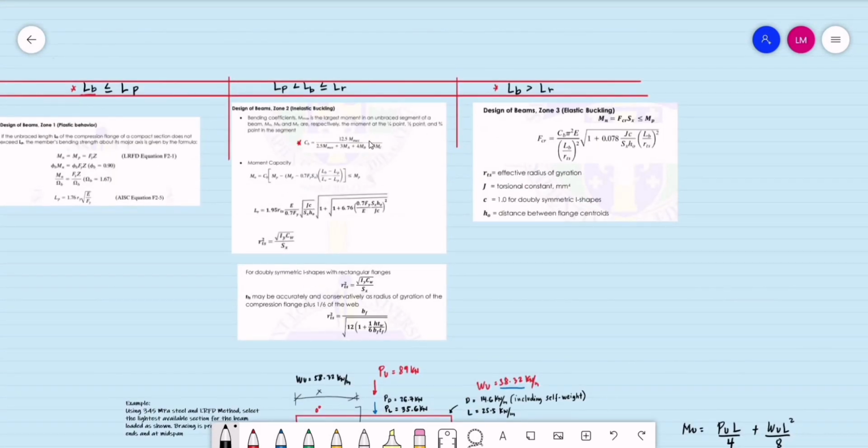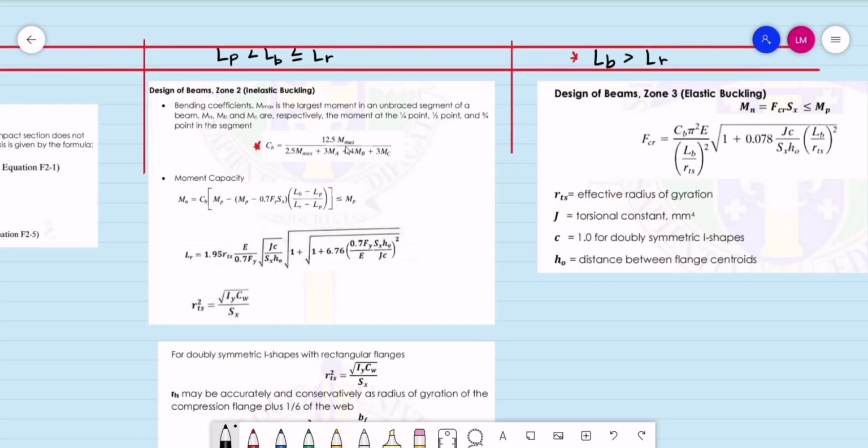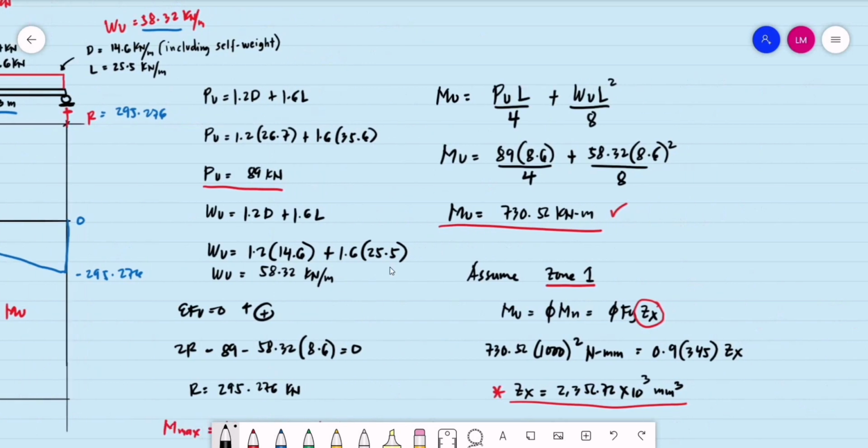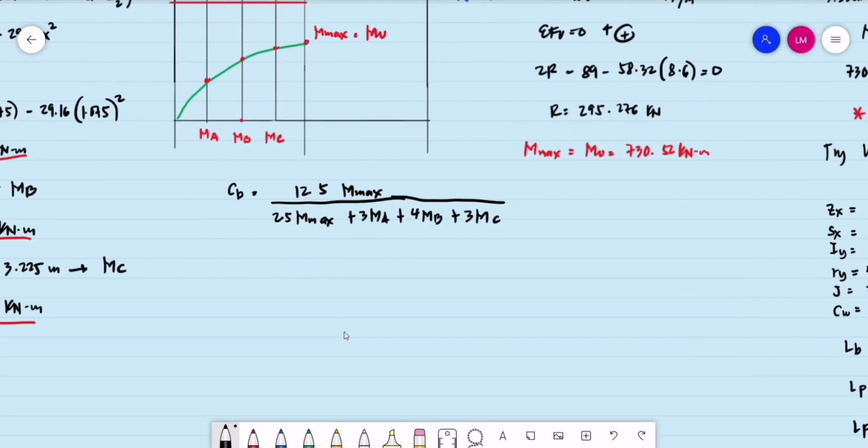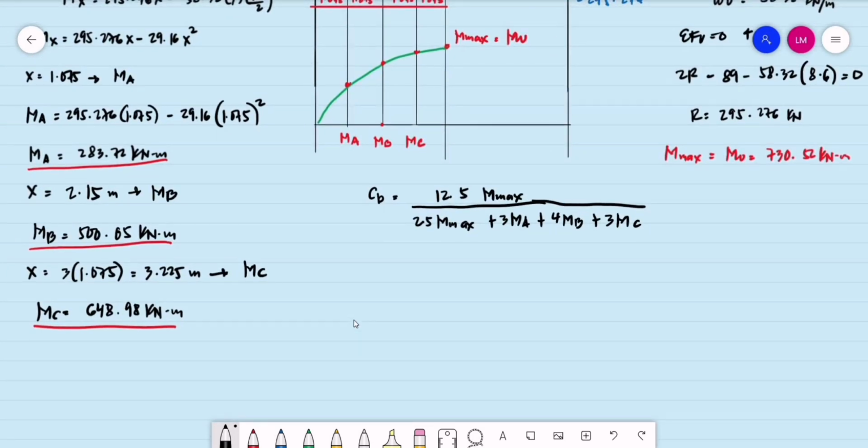That is 12.5 M max, 2.5 M max, 3 MA, 4 MB, then 3 MC. Okay, so I'll just substitute these values directly.